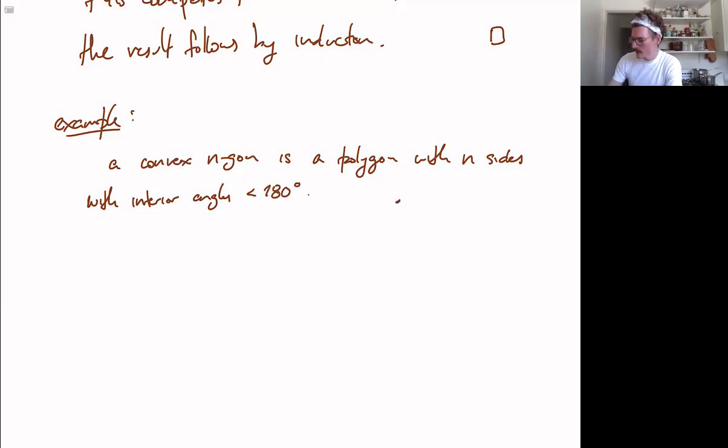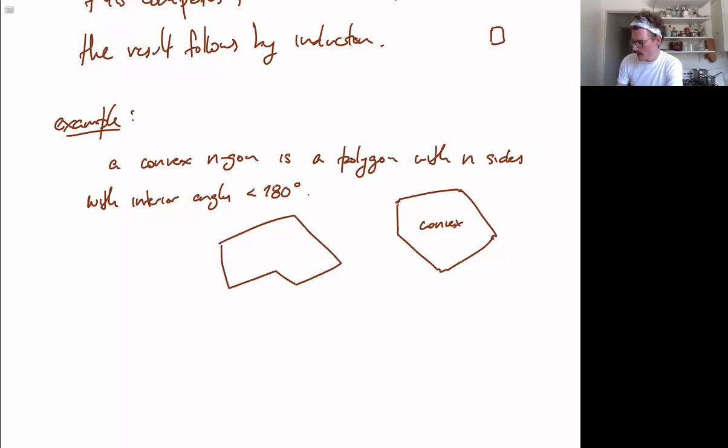So it's something that looks like this. This is convex, whereas something like this is not convex, because this angle is greater than 180.